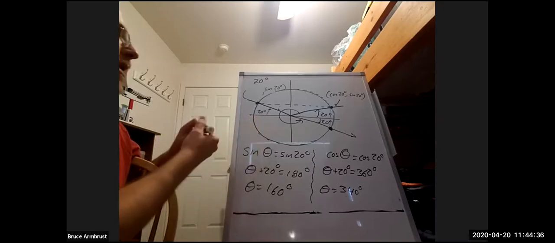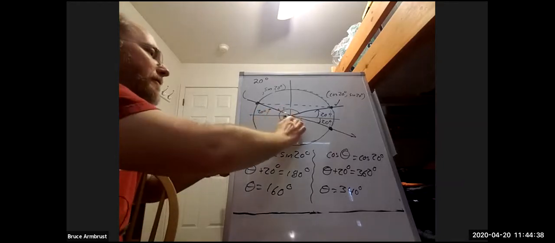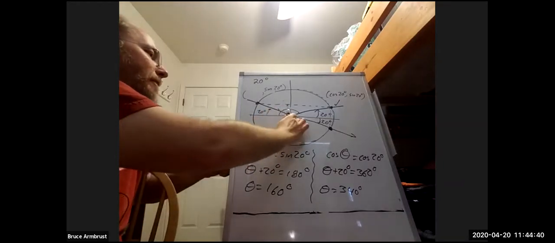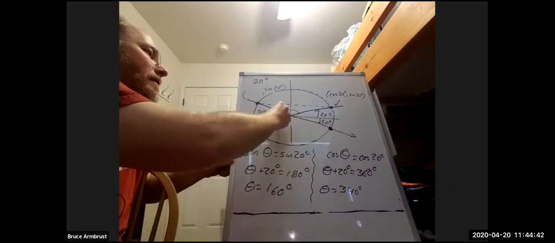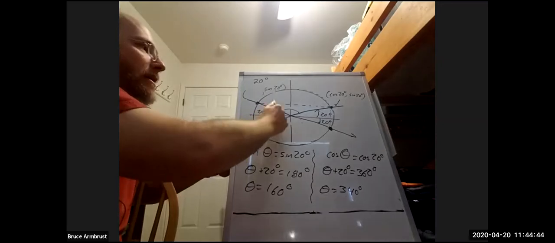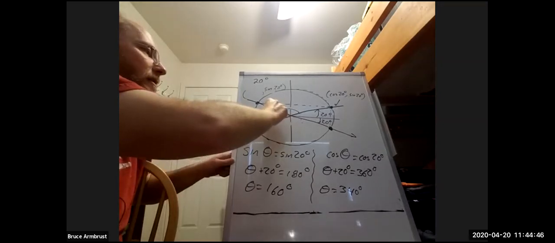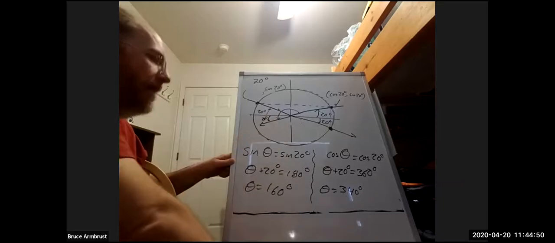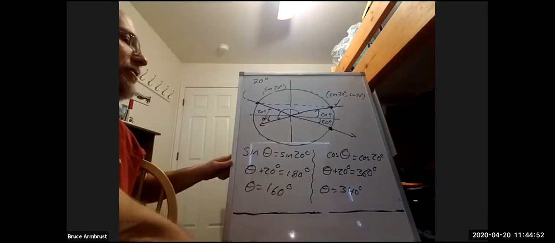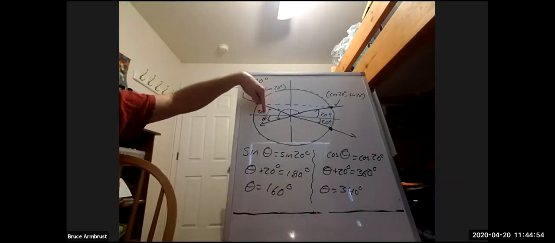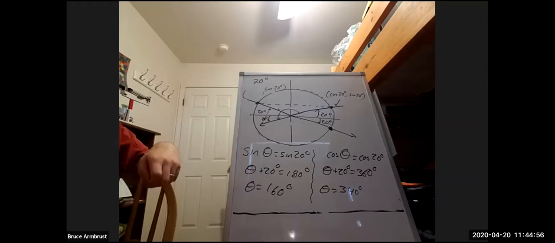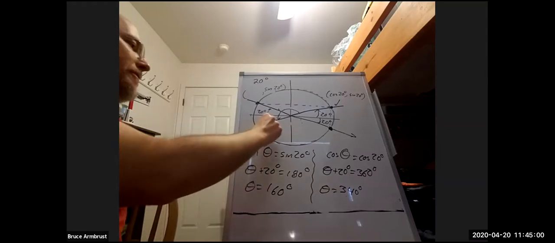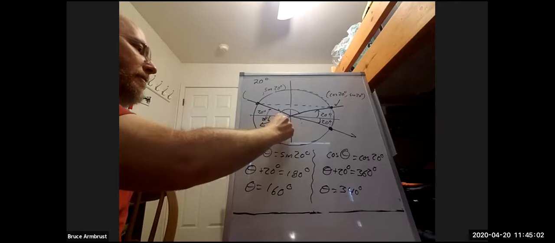In the third quadrant, we're off by pi, but we have to add. So if we're down here, notice this 20 degrees, we'd see that our theta is actually equal to 180 plus 20. So in this case, we have to do pi plus theta.